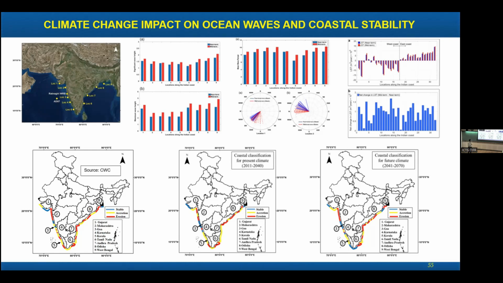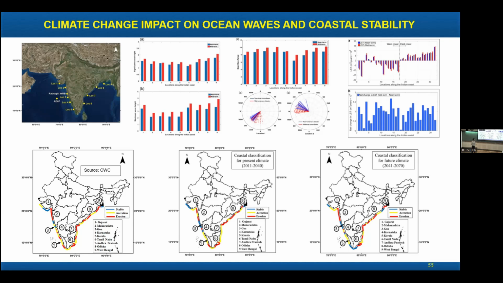Based on that, we calculated the net change in the longshore sediment transport, and then finally we calculated the stability maps. This is a stability map generated by the Central Water Commission based on the historical data that they have accumulated. On similar lines, we have created the map for 2040 and 2070, showing how the stability is going to change.